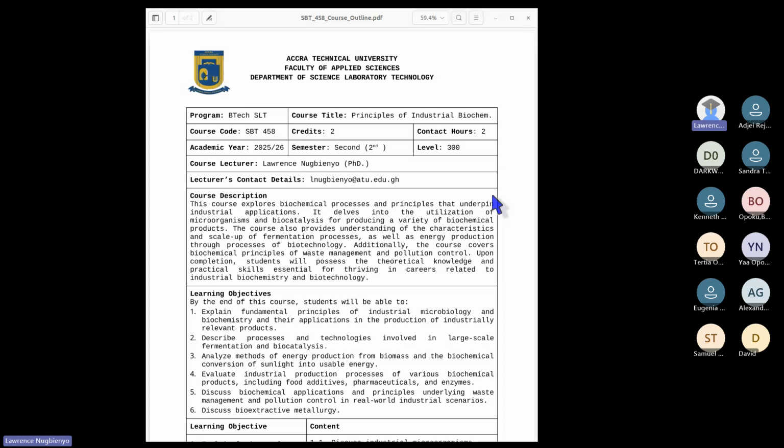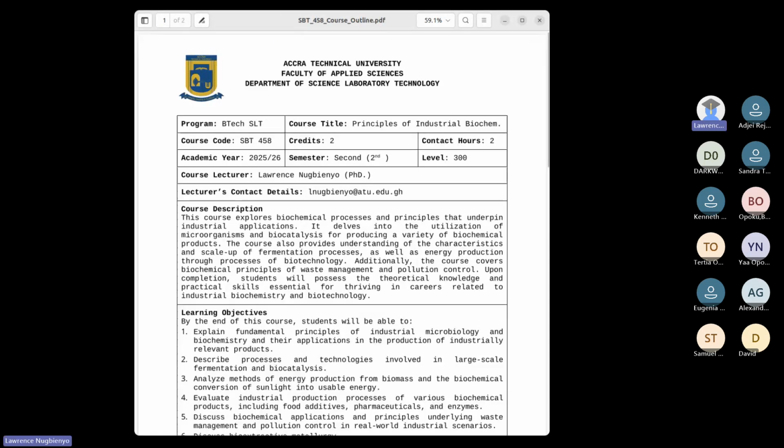So if it is so that there's only one person in the evening, then it will be better for that person to come and join you on Saturday. Is it Saturdays? On Saturdays, so that for this class we can have it on Saturdays. Let me look at the timetable again. For SBT 458 Industrial Biochemistry, we can have it on Saturdays.